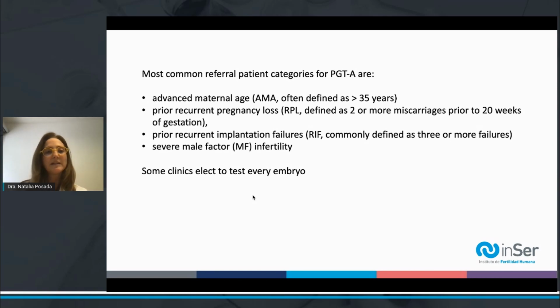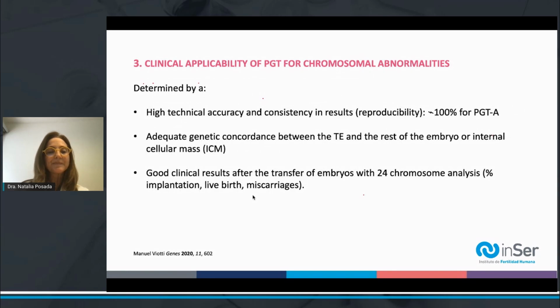However, other clinics just decide to do genetic embryo testing in every single embryo. So it is important to define what is the real clinical applicability of PGT for chromosomal abnormalities in order to define the populations that will benefit the most. Clinical applicability will depend on three main points.